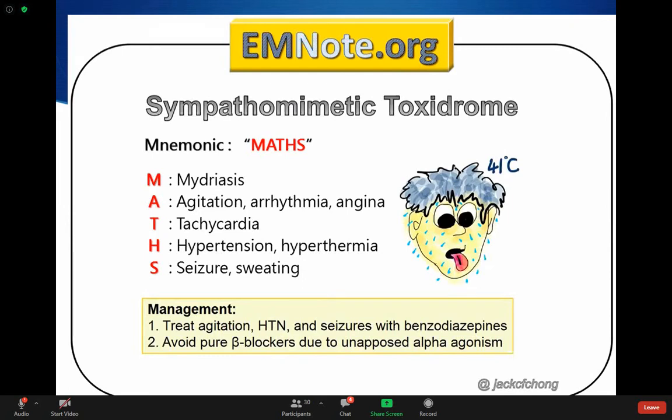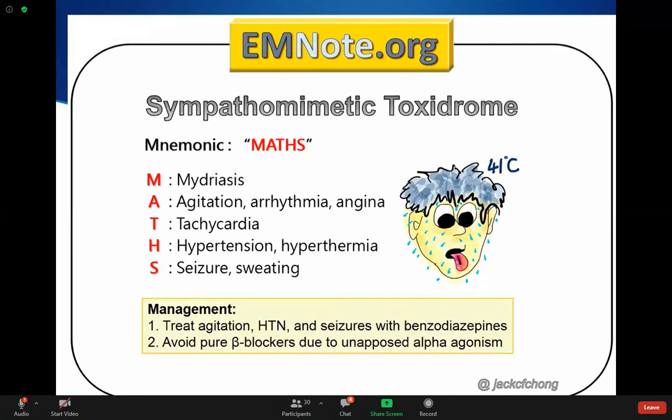In sympathomimetics, it's commonly said that you need to avoid beta blockers because you have two types of beta receptors, beta 1 and beta 2. When you have sympathomimetic effect, both are stimulated. Beta 1 will cause tachycardia, and beta 2 actually will cause vasodilatation.